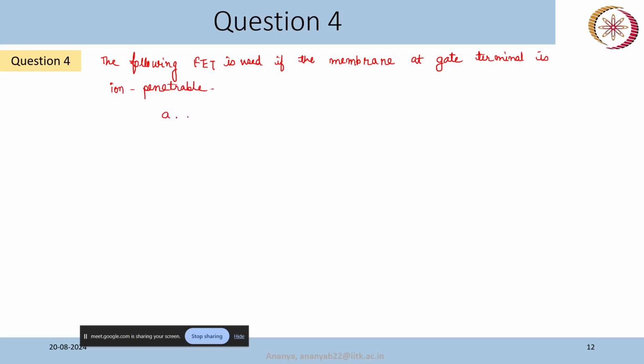This was mentioned in the lecture note. Try to recall and tell me the answer. A is MEMFET. B is SURFET. C is NFET. D is ISFET.